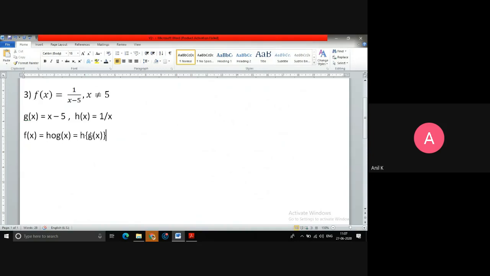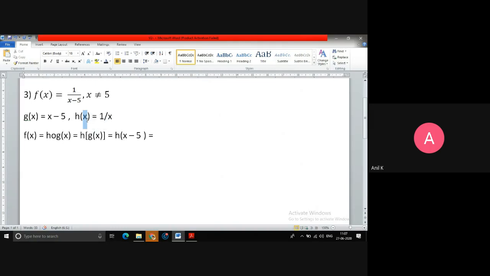This you can write, or maybe let me put here closed interval, because the curly brackets we use for the function, which is equal to h of g of x. In place of g of x, I replace it as x minus 5. So it is going to be h of x minus 5, which is equal to, now here I have h of x is 1 by x.